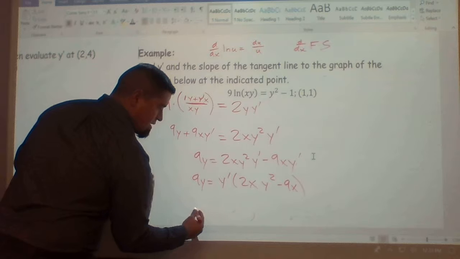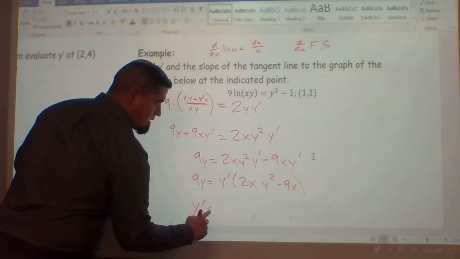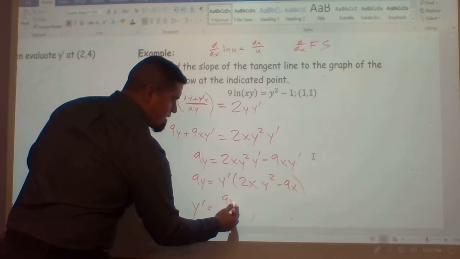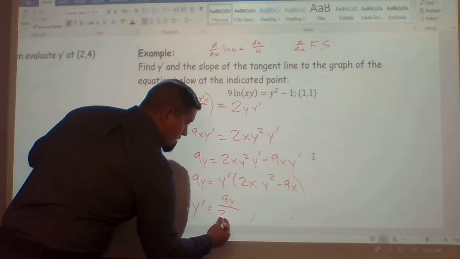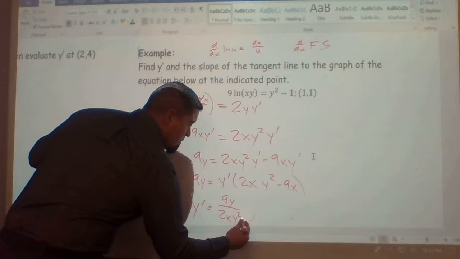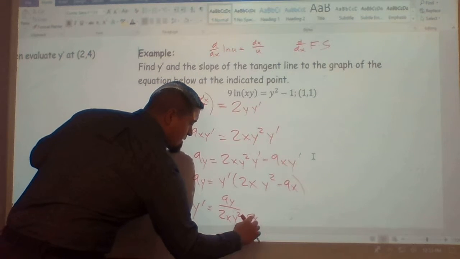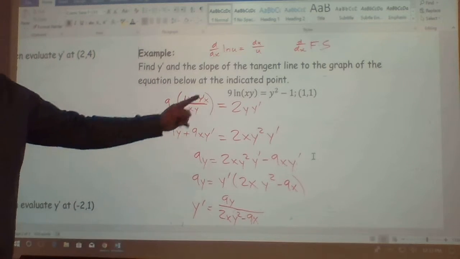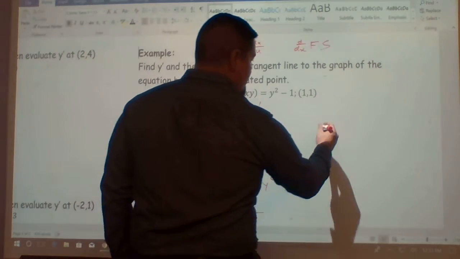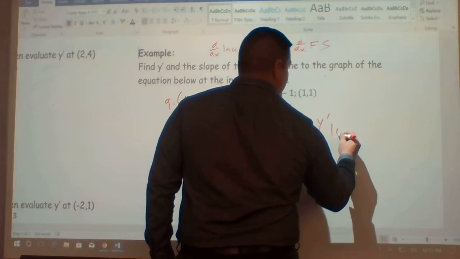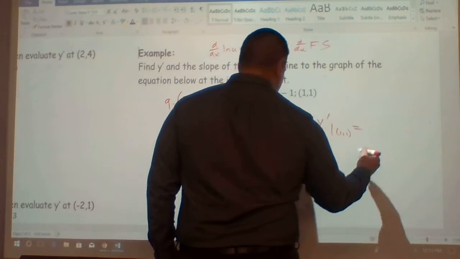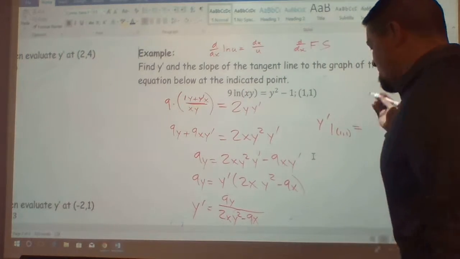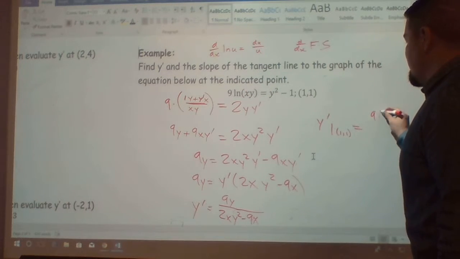So in fact, I'm gonna write the y prime on this side, and then that means it would be 9y over 2x y squared minus 9x. Okay. And then it says evaluate. Well that's kind of the easy part. Y prime evaluated at 1, 1 equals, just plug in ones for y and x. 9 times 1.